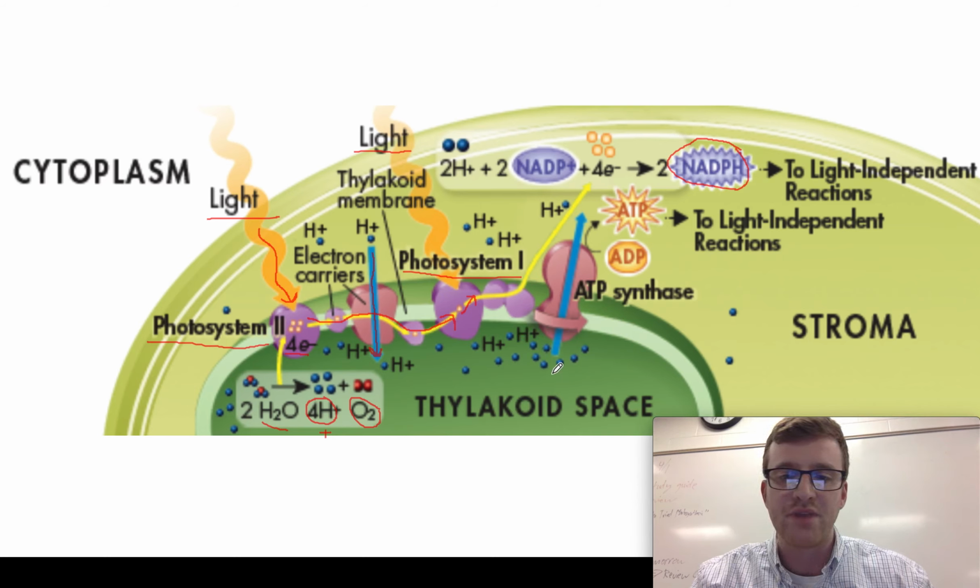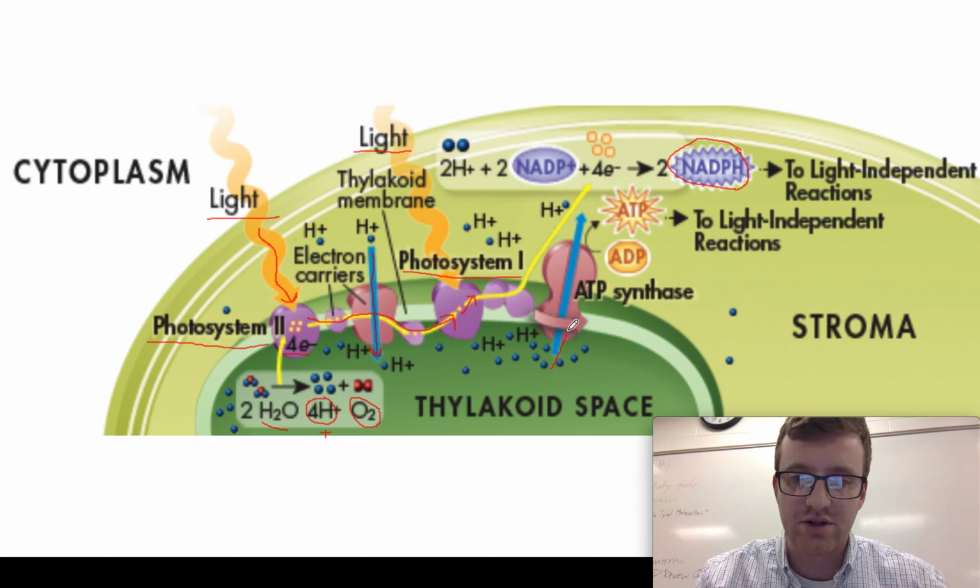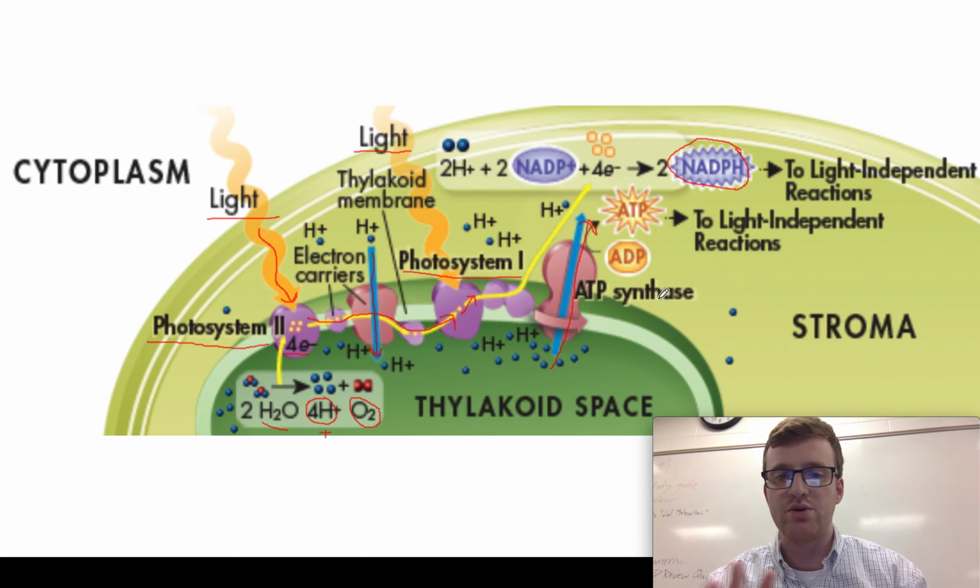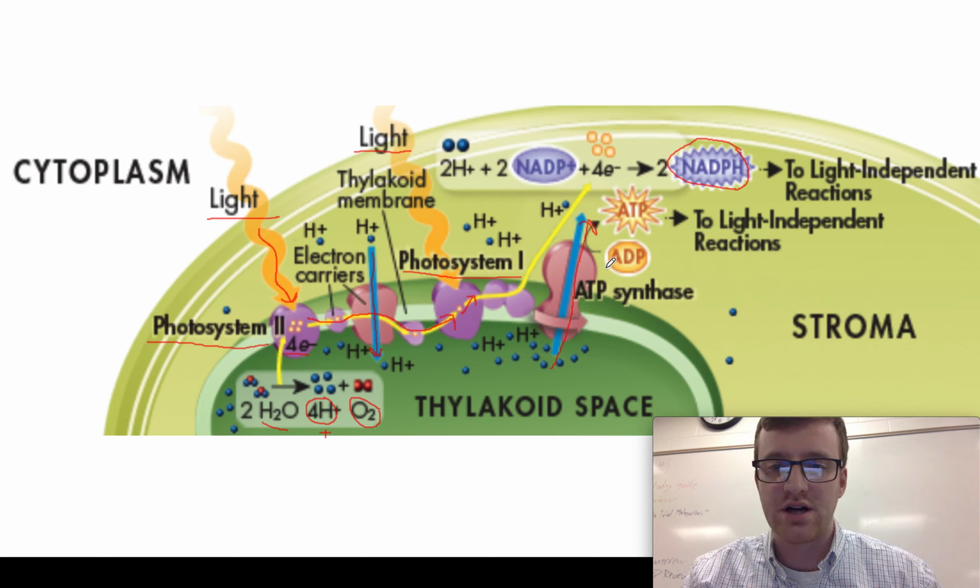And so these molecules really want to spread out. They want to leave the thylakoid space, and they do that through ATP synthase. The ATP synthase rotates and captures that energy to turn ADP into ATP. Okay, so we have our products here. We have oxygen, we have ATP, and we have NADPH.